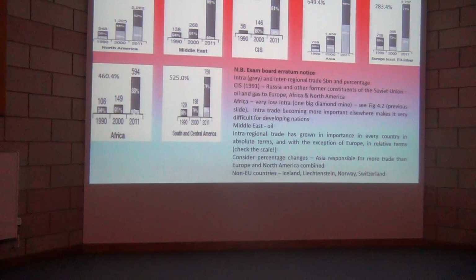And Asia is also responsible for more trade than Europe and North America combined. So $5.5 trillion worth of trade, whereas North America is 2.2 trillion and Europe 2.7 trillion. So very significant numbers there coming out of Asia.